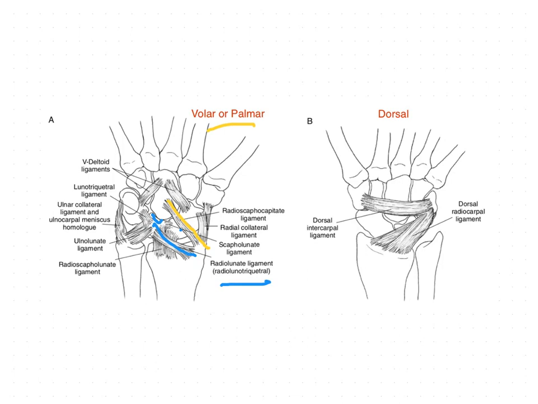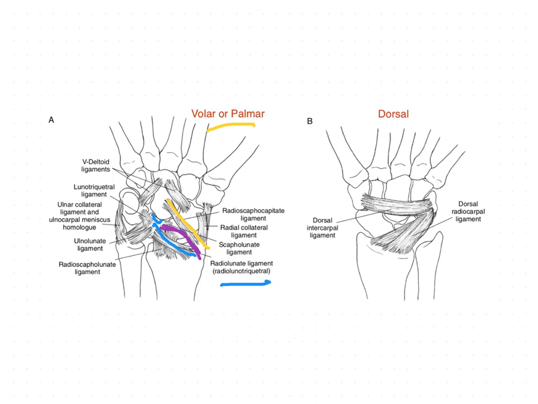The next one is the radiolunate, also called the radiolunotriquetral, and the third one is the radioscapholunate. That means it is connected to the radius, scaphoid as well as the lunate. So these are the three bands present in it.